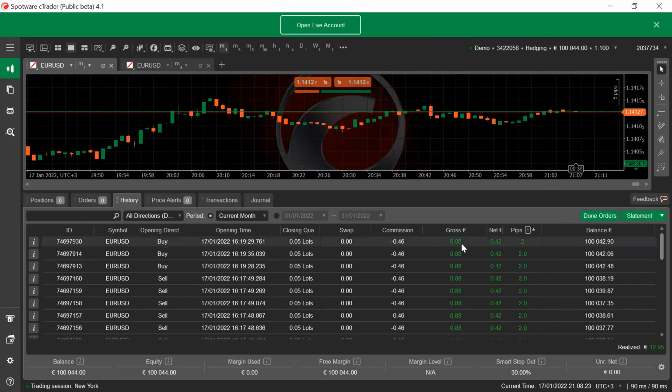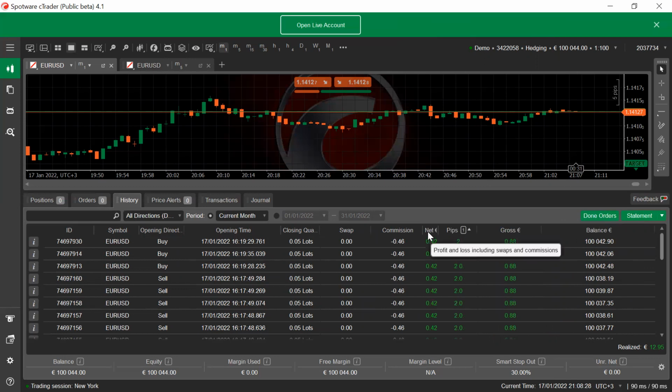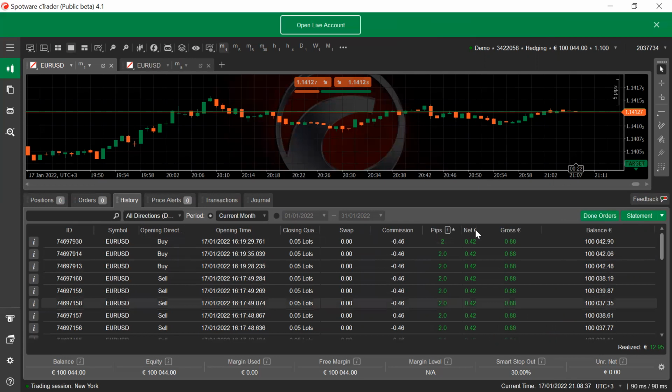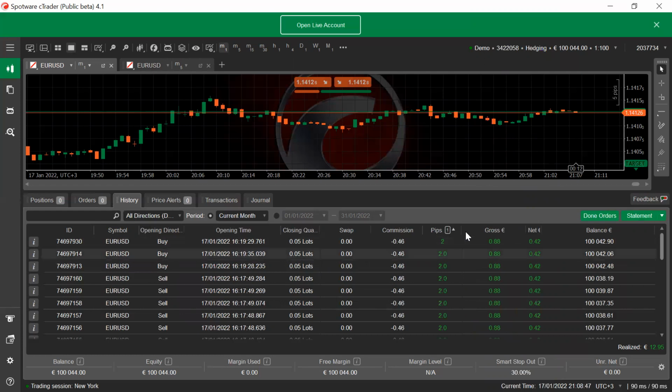Then maybe gross can appear there, then net can be in between like that. So the number of pips, the net that you made, and then there's a gross. Oh, the gross comes before net. Click, drag. There you go.